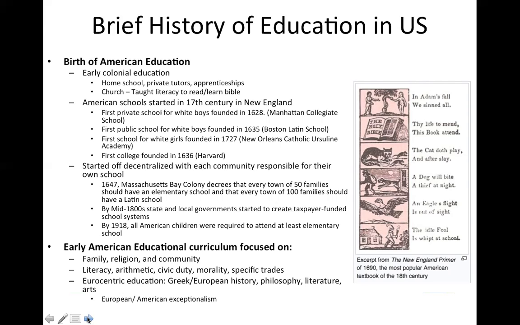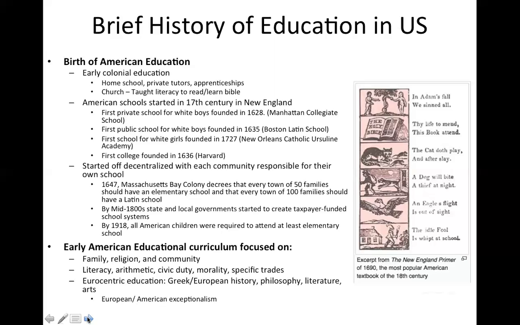But I'd say the vast majority of people that learned literacy and things like that were taught by the church. This mainly happened in the North, where we have a lot of Puritan and Protestant religions, and their main goal was to teach the Bible and to teach their religion to their students.